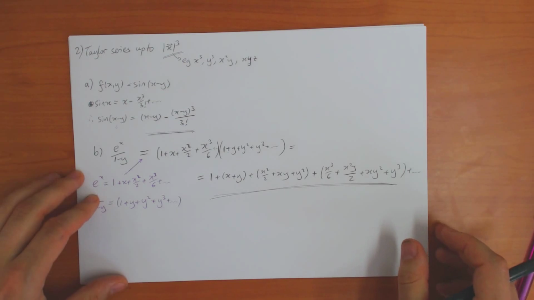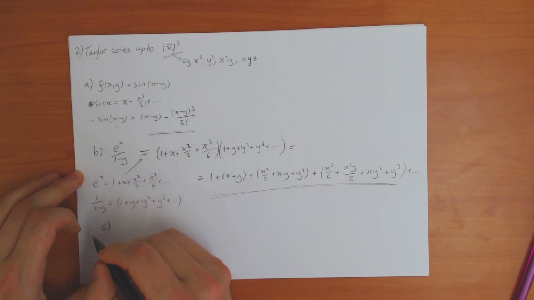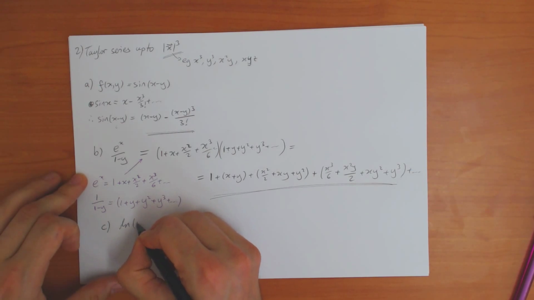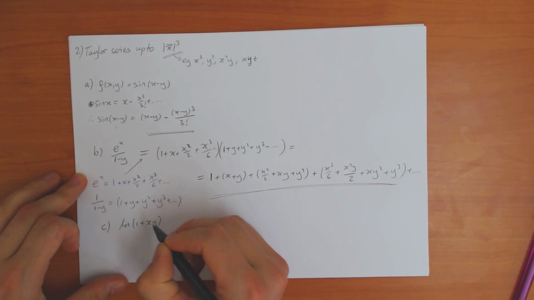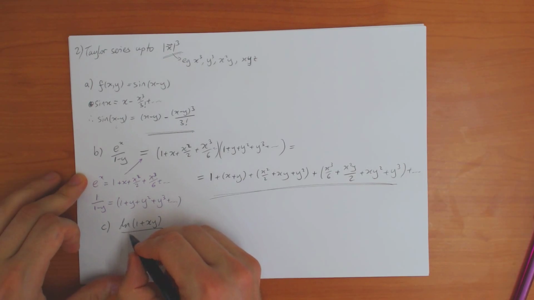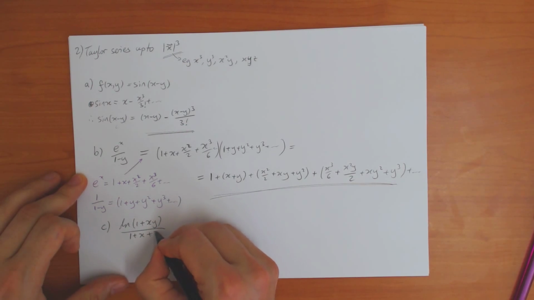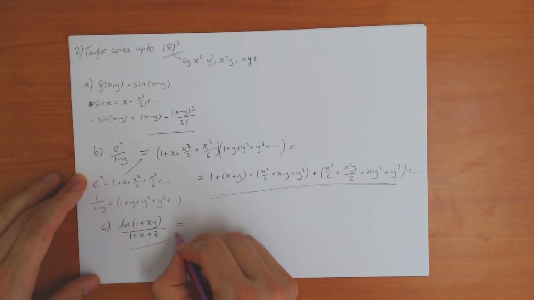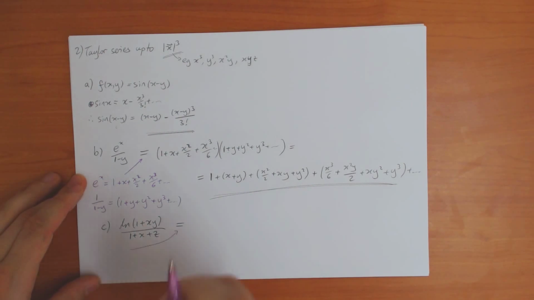And part C is actually very easy, although the function looks complicated. So this one is log of 1 plus xy over 1 plus x plus c. Okay, so here again, you just have to use the two Taylor series.